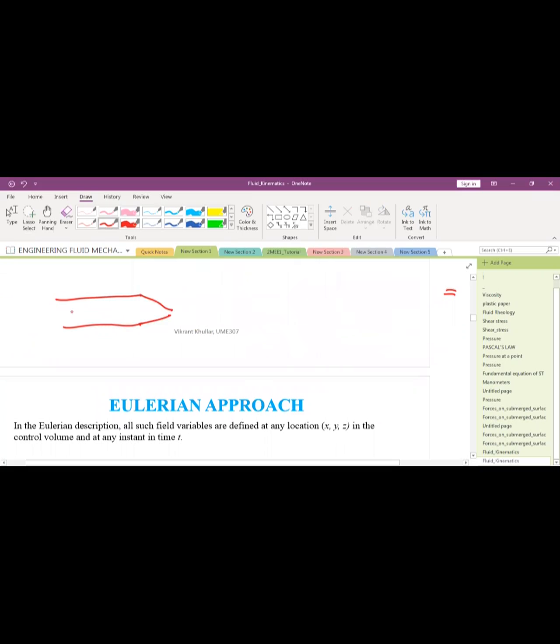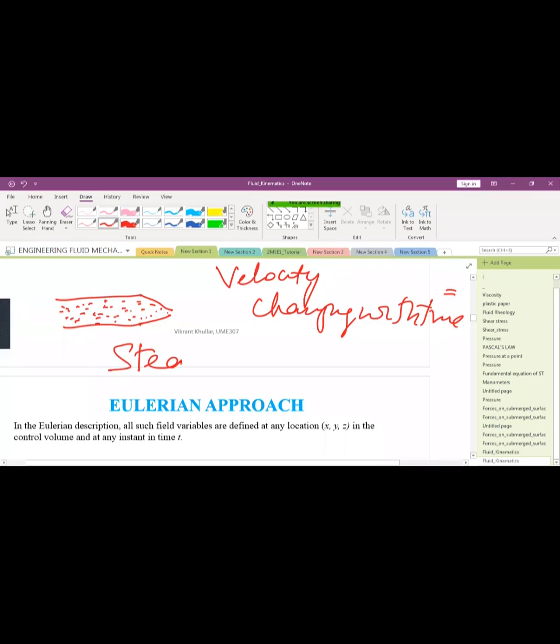I define velocities at each and every point. Now let me know, is the velocity changing with time? या मैं इसको ऐसे बोलूं, is this steady flow? Steady flow का मतलब क्या होता है? What do you mean by steady flow?